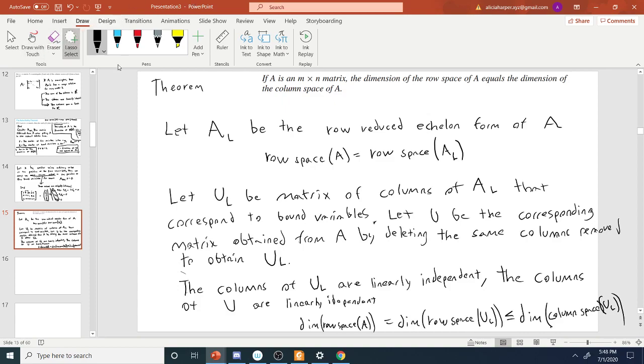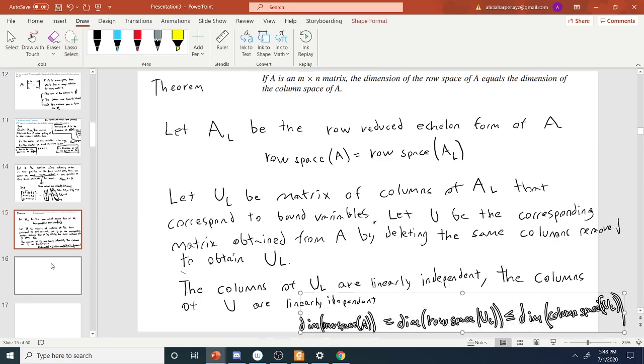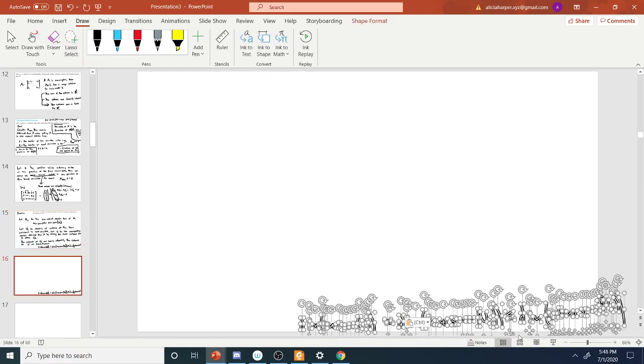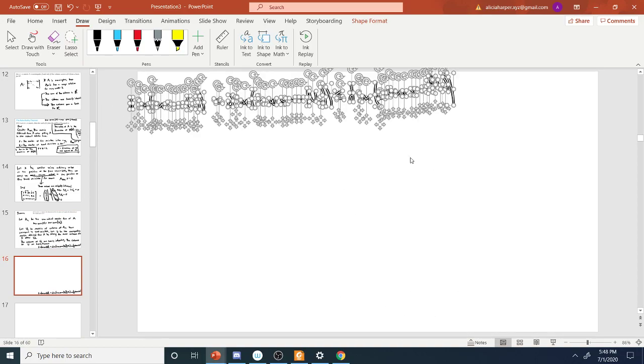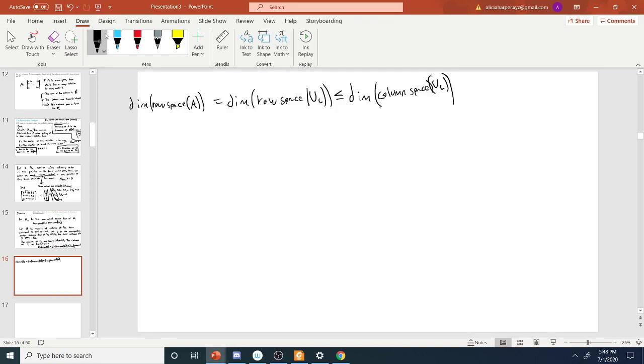And let me just take this inequality to another slide. Which in turn is less than or equal to the dimension of the column space of A.